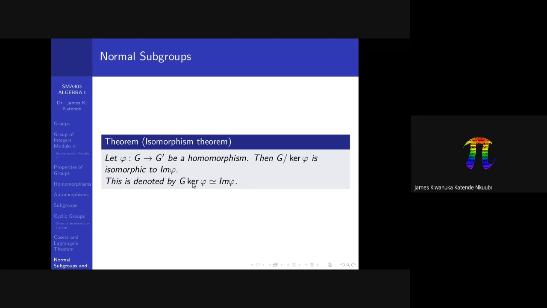So this is denoted by, now this is a typo, we need to have the forward slash here. The forward slash is missing. So this forward slash means this factor group is isomorphic to the image. Are we together?